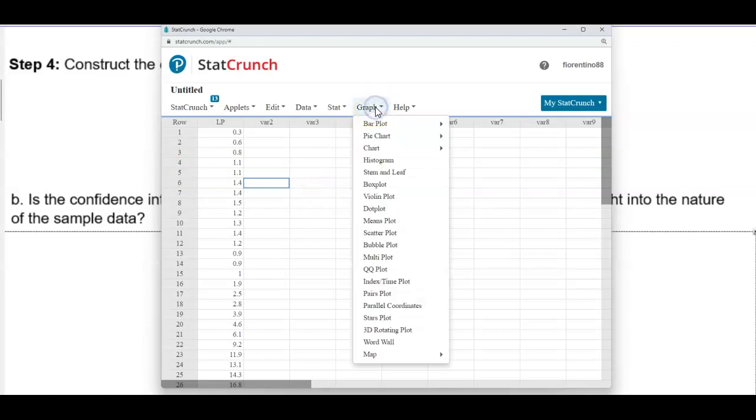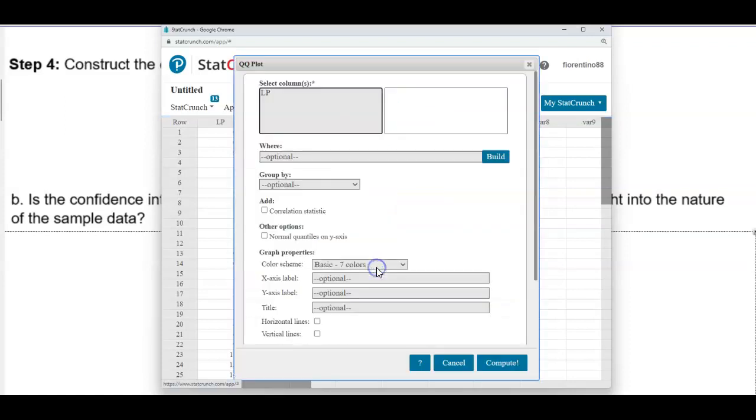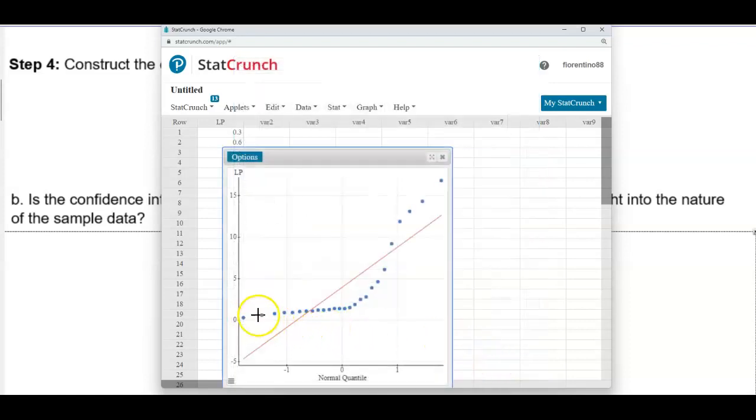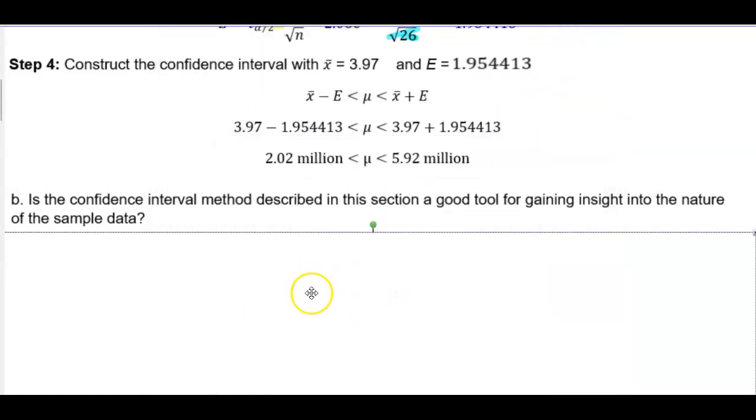If we go to graph and then select QQ plot, select our column, put in horizontal and vertical lines, and select compute. If you look at the data, this data is not a normal distribution, and our sample size is below 30. So therefore, this would not have been a good tool for this particular example because of the fact that the graph does not represent a normal distribution.